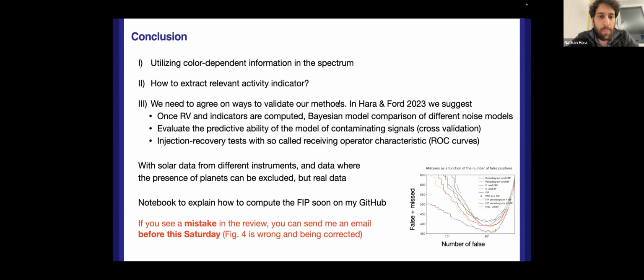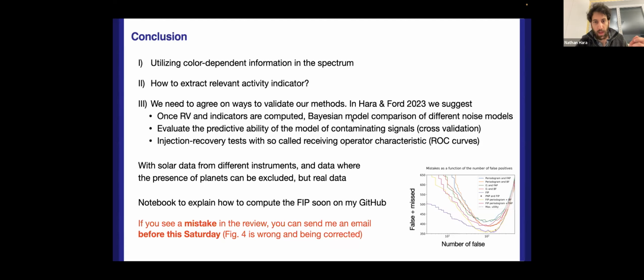I'm not going to talk about that, but so in conclusion, I think from our review with Eric, and feel free to disagree, Eric, one thing we need to explore is to utilize color-dependent information on the spectrum, because now we have a fairly good idea of what it's like to look at the variation of the CCF with either the full width at half maximum or with principal components.